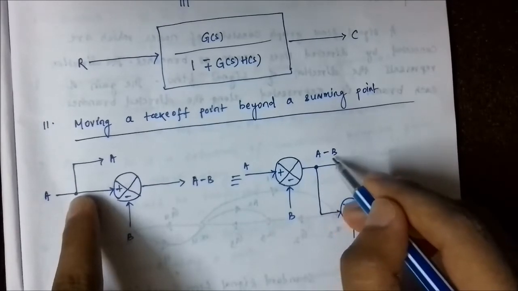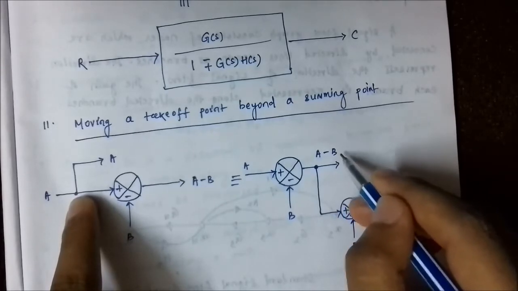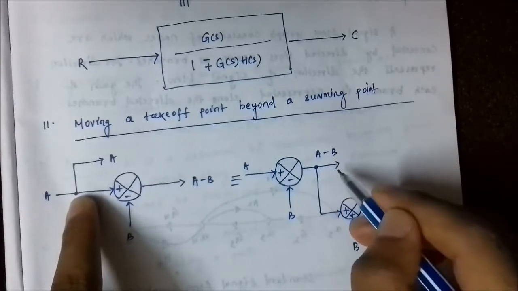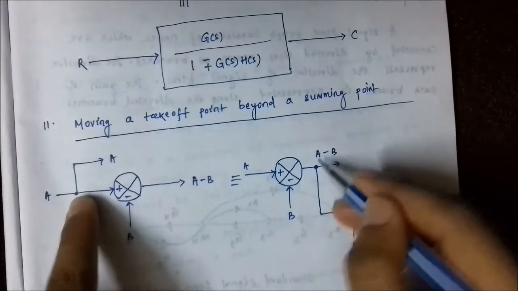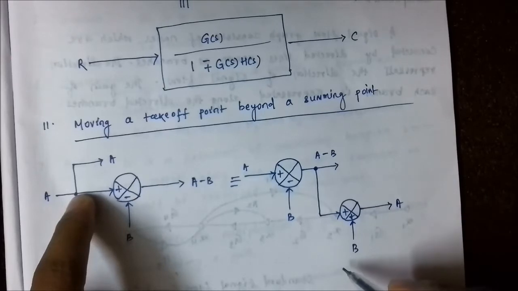So what we can do is add a positive value of B here, so that positive B and minus B get cancelled and we get the value A. So we have added a positive summer.